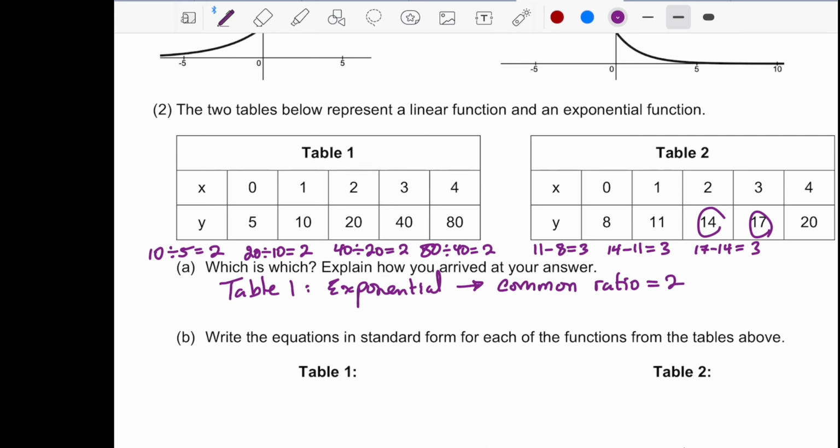That gives us a common difference, which steers us towards a linear function. All right, so table 2 is linear because there's a common difference, specifically of 3.